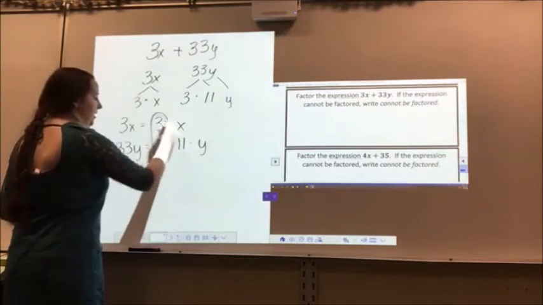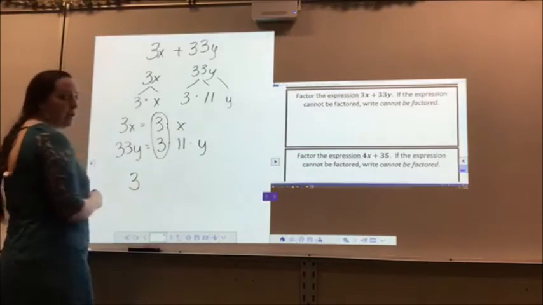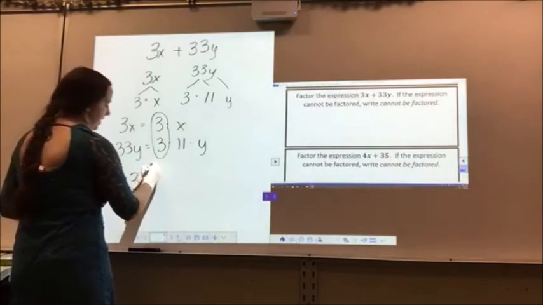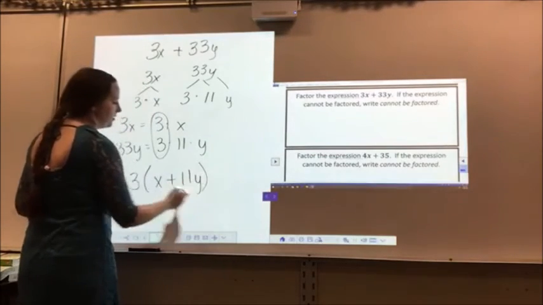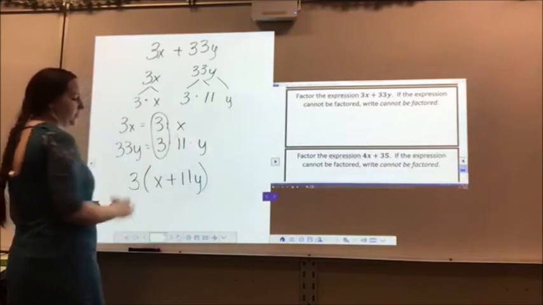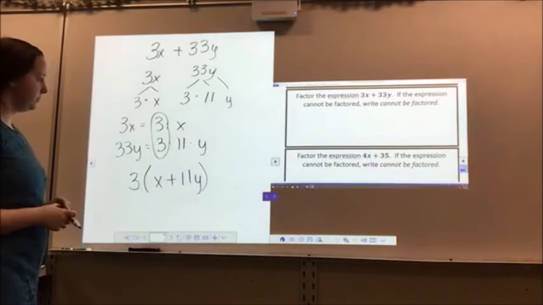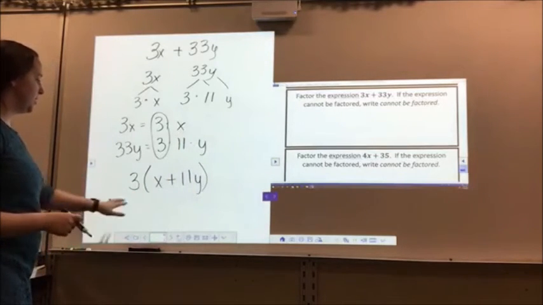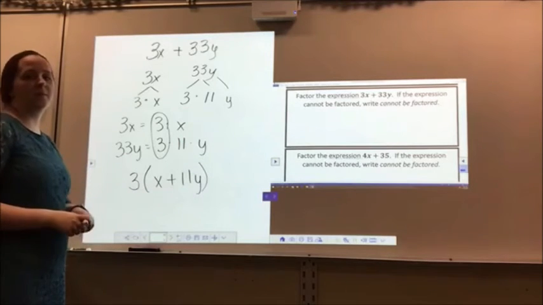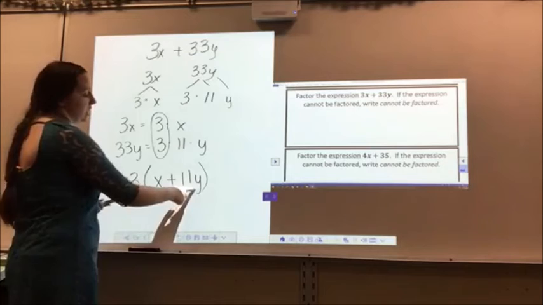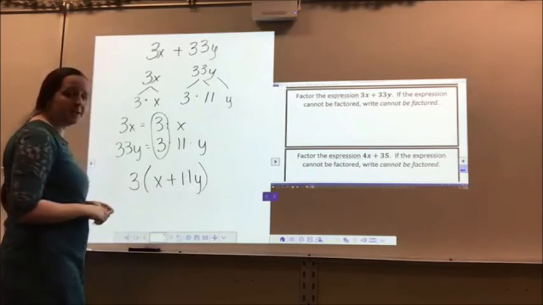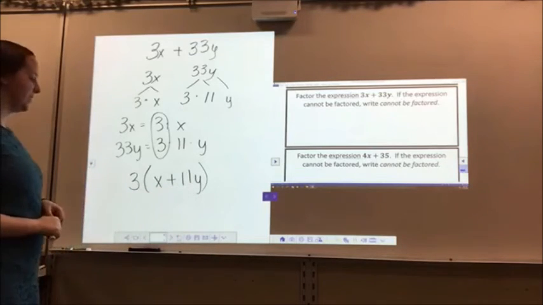So they have a 3 in common, so that's what comes out in front. I'm left with x plus 11y, because that was left here, and that's what was left here. So my answer is 3 times the quantity x plus 11y. I can't combine x and y because they're not like terms. They both have a variable attached to them, but x and y are not the same.